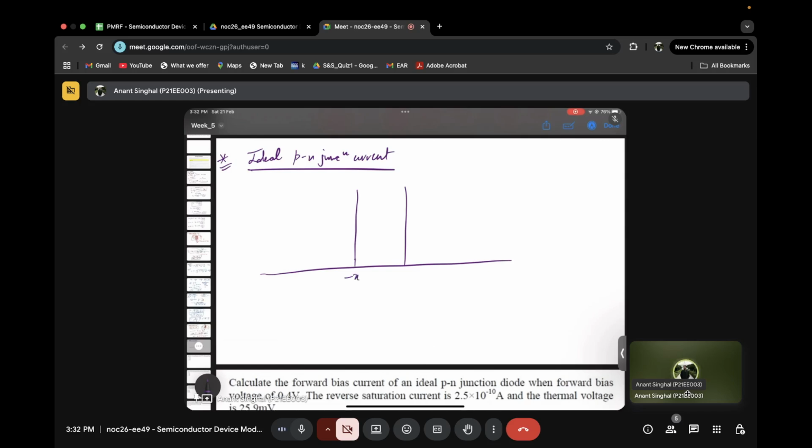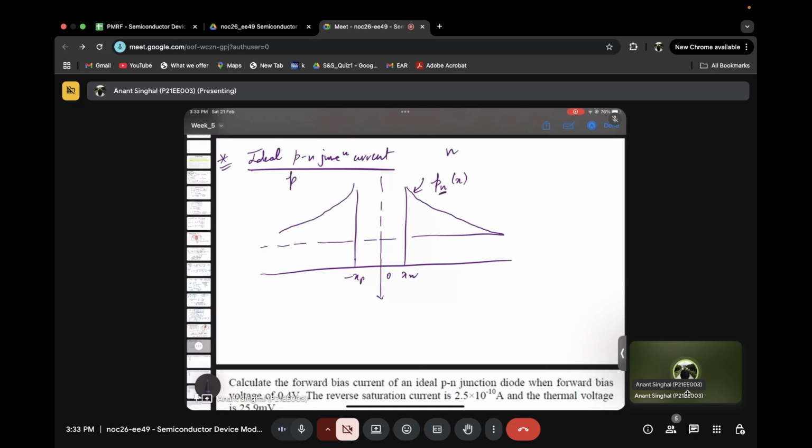So let's say this is minus xp, this is xn, and let's say this is 0. So what we are more interested in is how the minority carriers react, because it is all about the minority carriers in each region once we are forward biasing. So there is an exponential relation that comes. So this is nothing but the carriers, the holes in the n region. Whatever I am writing in the subscript is actually the region. So this is n side, this is p side.